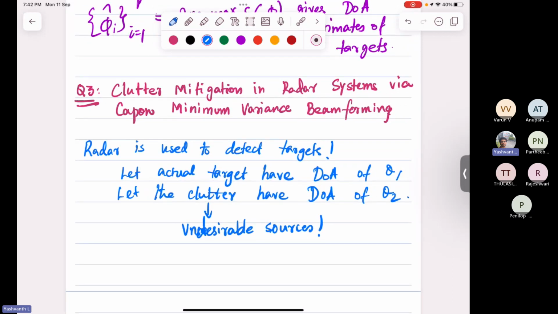I want to mitigate or minimize the responses from the clutter, but I want to maximize the response from the actual target. That is the goal of this problem. I want to mitigate the clutters, and the solution for this is called Capon minimum variance beamforming. It's a very well established technique which radar people use.